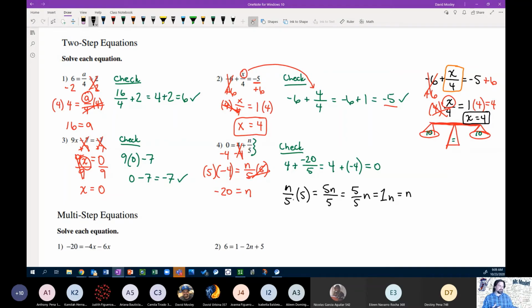In later processes, we could be squaring a number, so the opposite of that is taking the square root. There's always an opposite operation for whatever operation is going on. There's an inverse. All right. Does anyone have any other questions about our two-step equations here?